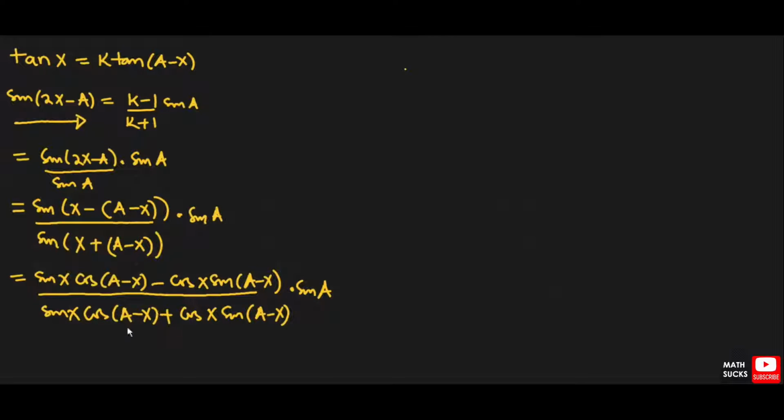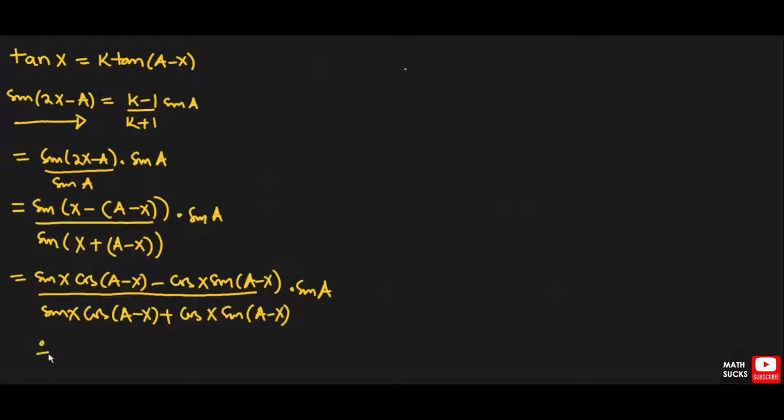So the idea is that we need now to modify this in terms of tan. So how do we do that? We can see that if we divide this term up here, this will become tan, and then if we divide by cosine, this will become a tan x.